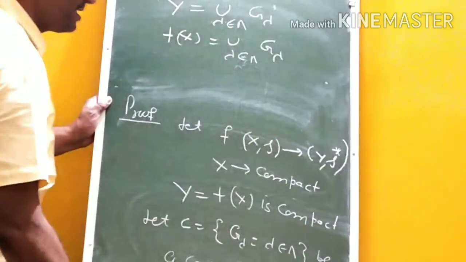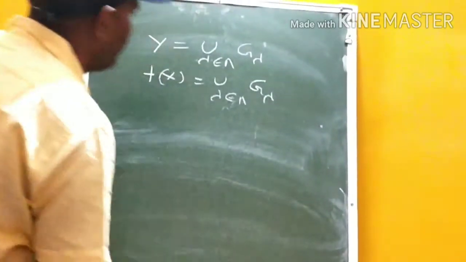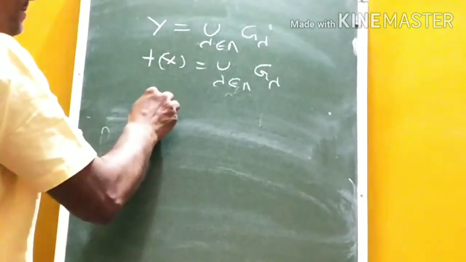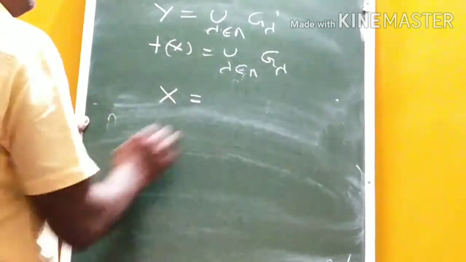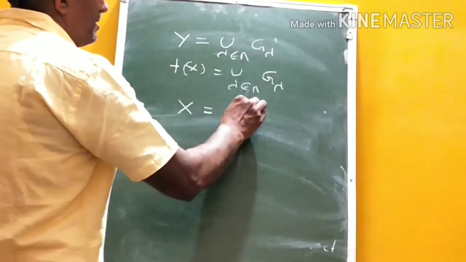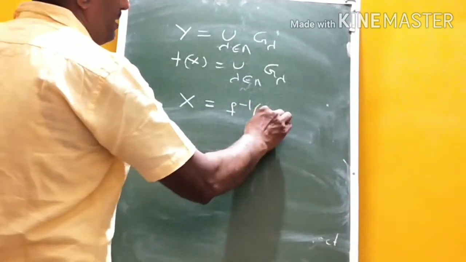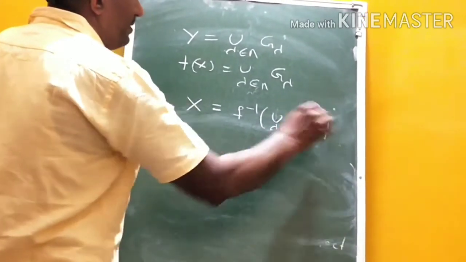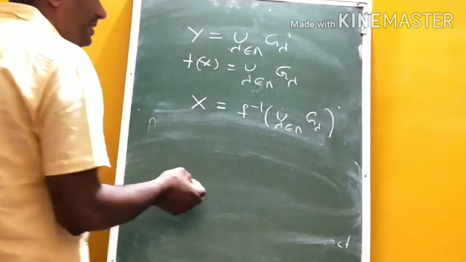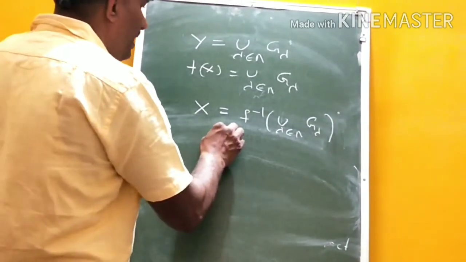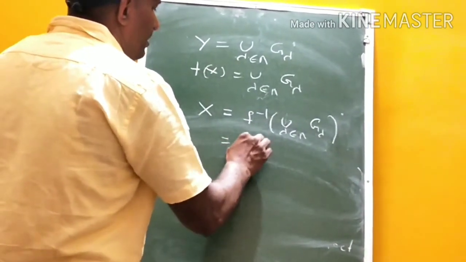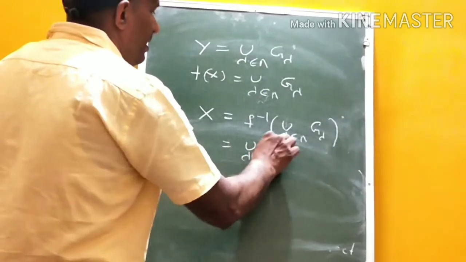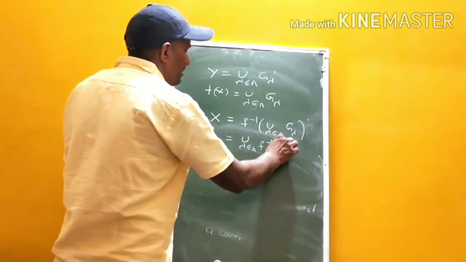F is a continuous mapping, so X can be written as f inverse of union lambda belongs to gamma G lambda. By set theory, you can also write it as X equals union lambda belongs to gamma f inverse G lambda.